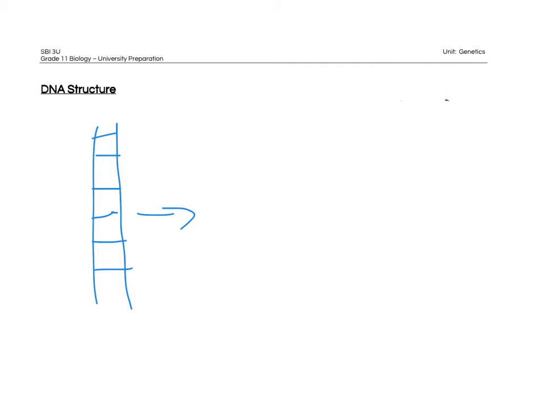Now what I want to do is zoom in on that ladder to see what the component or constituent parts are of it. So if we were to zoom in on the parts of the ladder, what we would see is that the sides are made up of specific structural components. What you will see on the sides of the ladder is alternating phosphate, I'm going to put a P there, and then a sugar molecule, I'm going to put an S there for sugar, and then a phosphate, and then another sugar molecule.